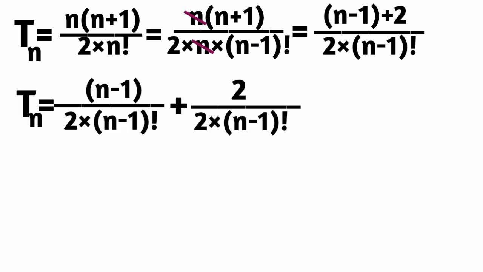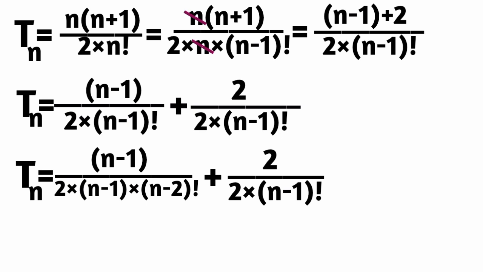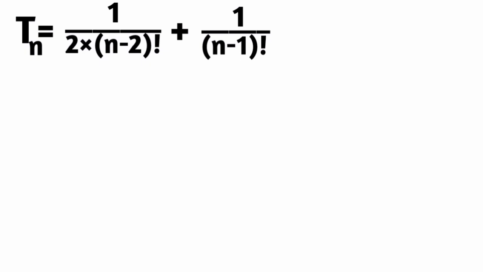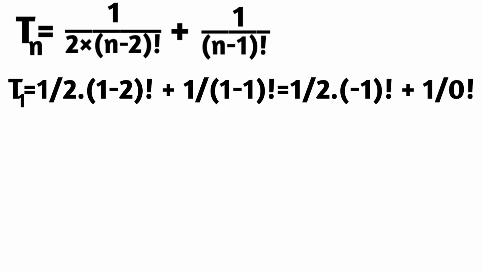Now, as we simplify further and move forward, we can say that the numerator of the given nth term gives a constant term, and finally this is the general term of the given series. Now by putting in the values of n, we can get the values of t1, t2, t3, t4, t5, as you can see in the video.